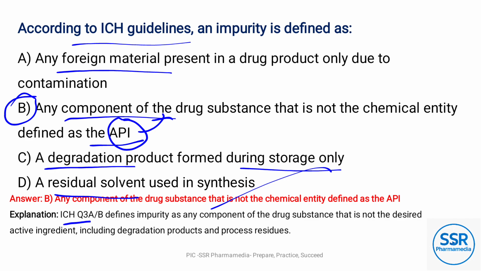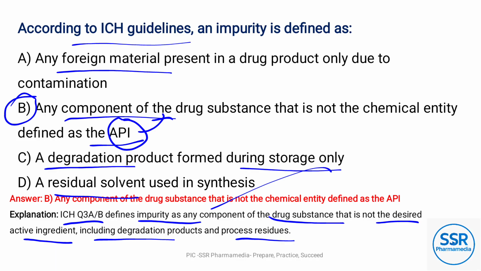According to ICH guidelines, Q3A/B defines impurities as any component of the drug substance that is not the desired active ingredient, including degradation products and process residue.